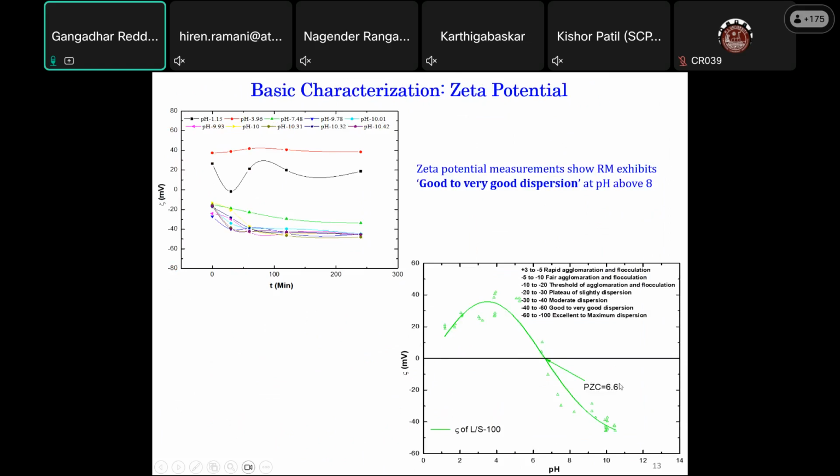It gives you an indication that if you want to stabilize or neutralize the red mud, this is the pH of the pore water you should aim for, so that you can reduce the pH of the red mud. This is very useful for people who work on the neutralization or stabilization of red mud.